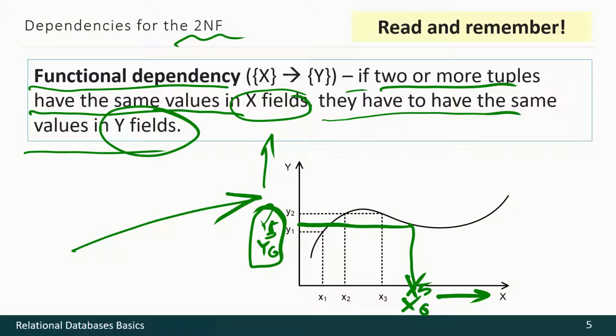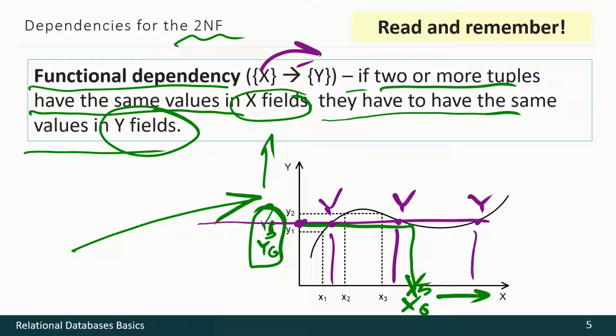But please remember that all this works only this way. If, for instance, we make such a line, we see 1, 2, 3 values, all y values are the same here, but x values are not the same. So it doesn't work backward, it only works forward.